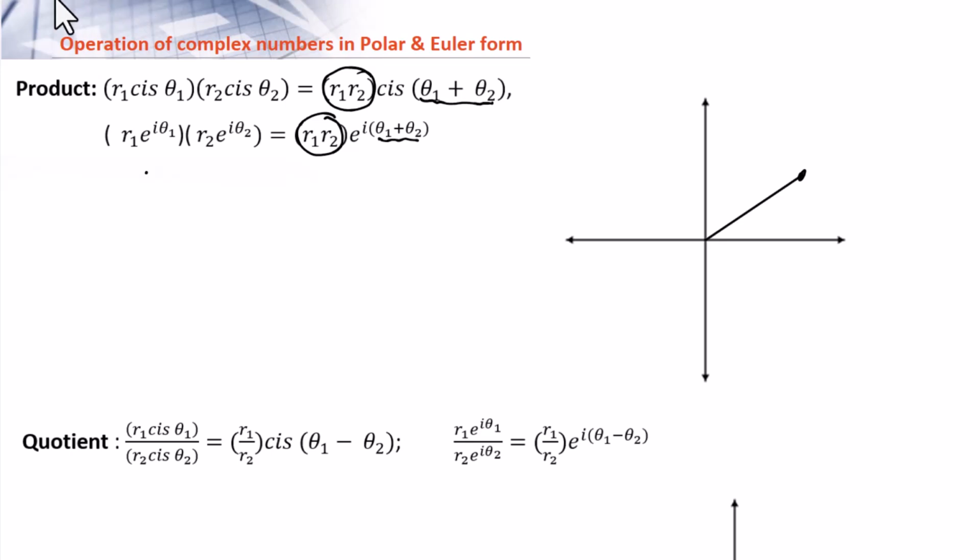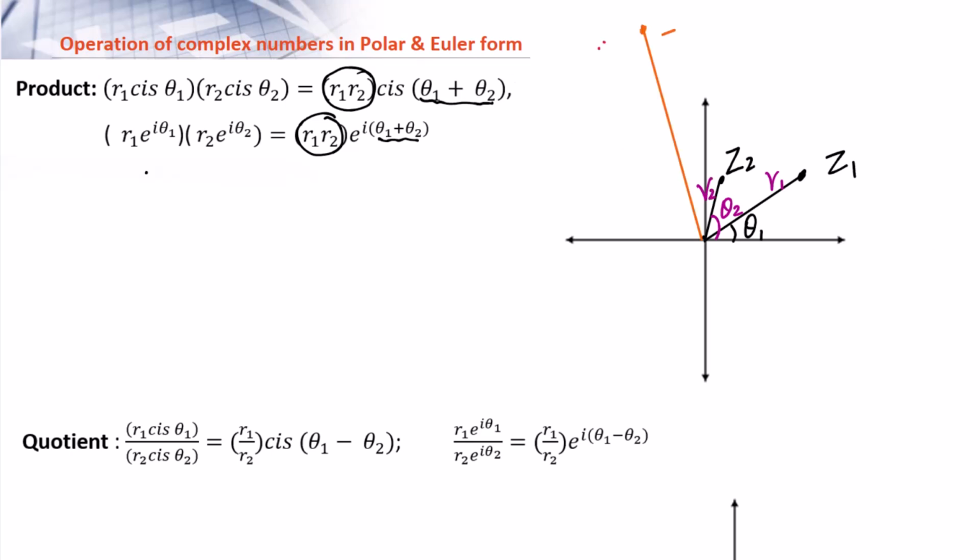the Argand plane. Suppose this is z1, angle is theta 1. This is z2. Argument of z2 is theta 2. Modulus of z1 is r1. Modulus of z2 is r2.